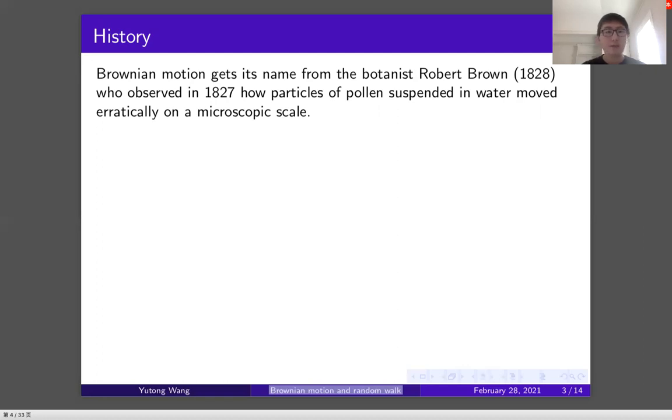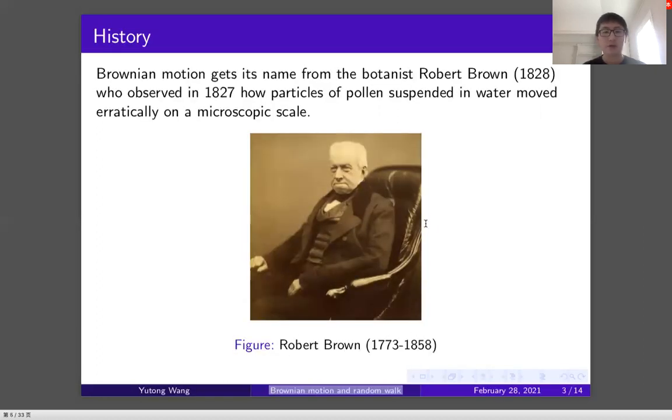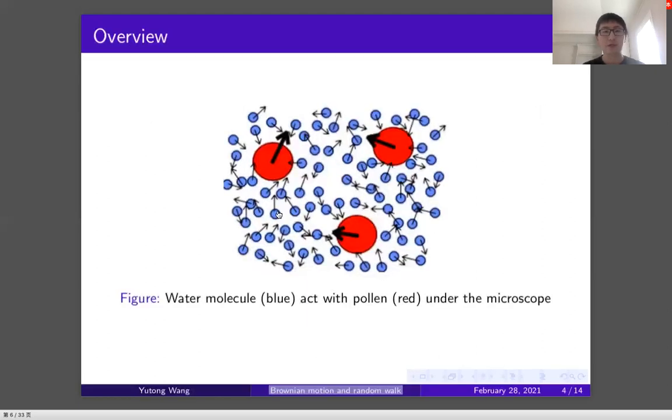There is a picture of Robert Brown, and he discovered under the microscope how pollens do Brownian motion due to the reaction with the water molecules.